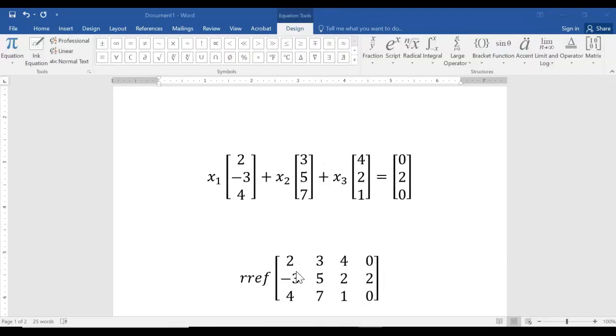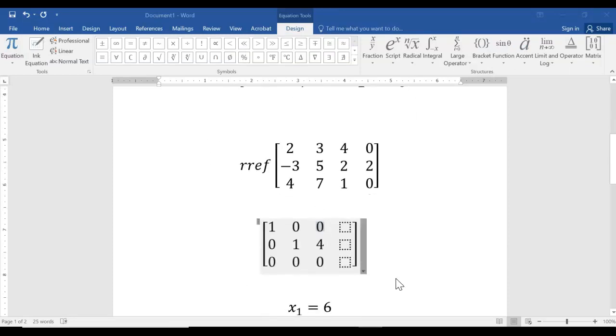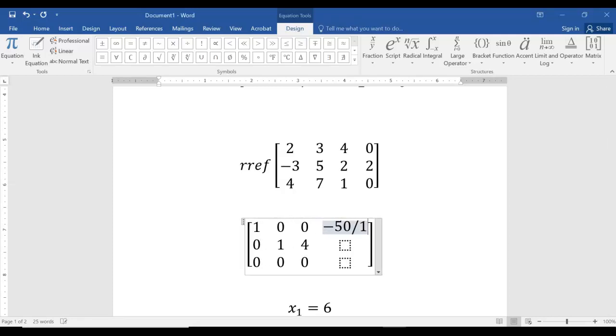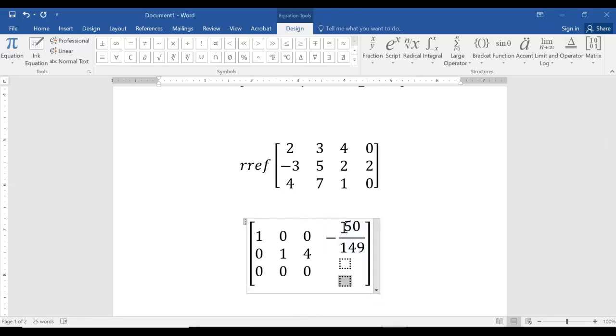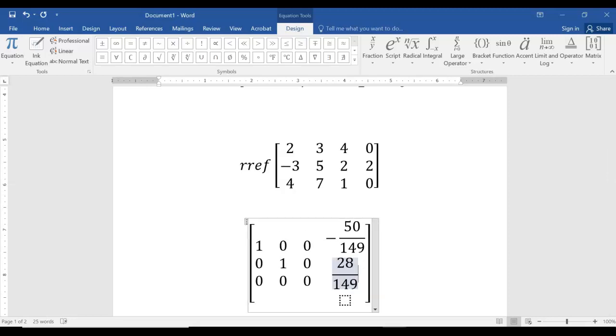And by the way, when I did row reduce that augmented matrix, I got some nasty decimals. My first row came out to 1, 0, 0, and then negative 50 over 149. My second row came out to 0, 1, 0, and then 28 over 149. This is not going to be a nice looking matrix.